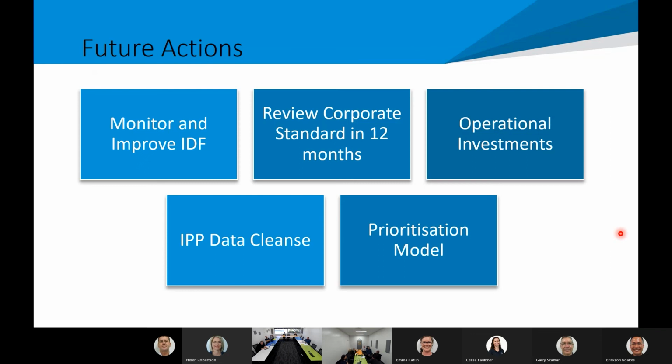No. Okay, so the last thing I have is really around future actions, and again, progress over perfection. We have identified a number of risks to implementing IDF and how we've structured it, that we've already identified and have processes to monitor. They're things around how the delegations are working, particularly.